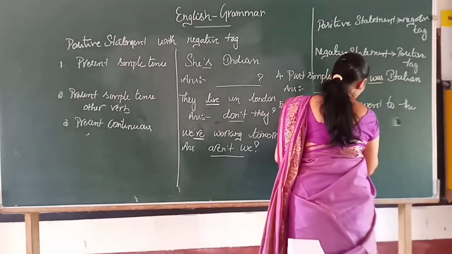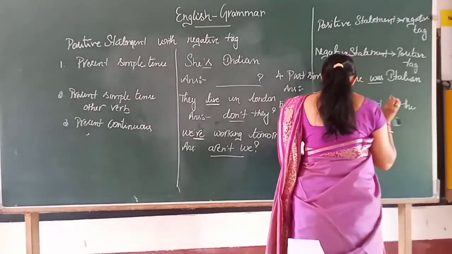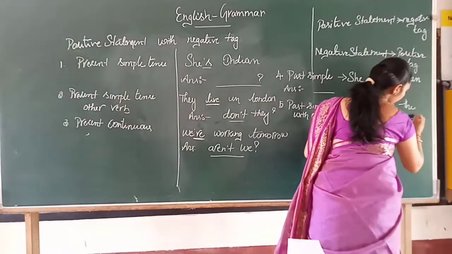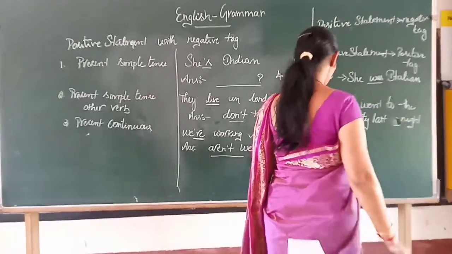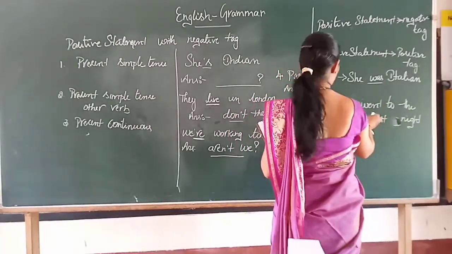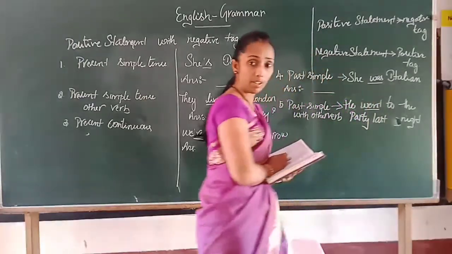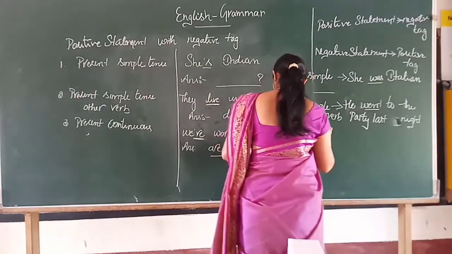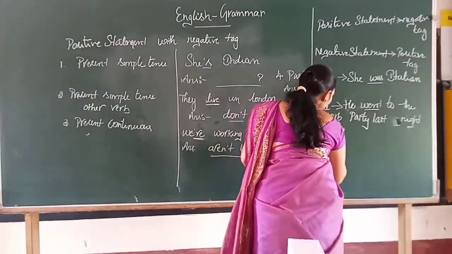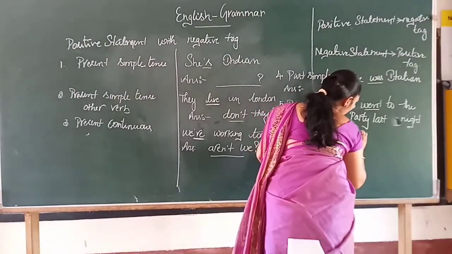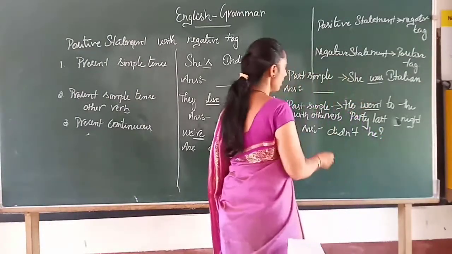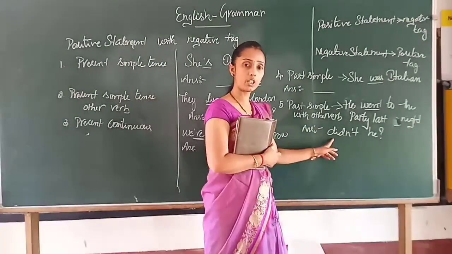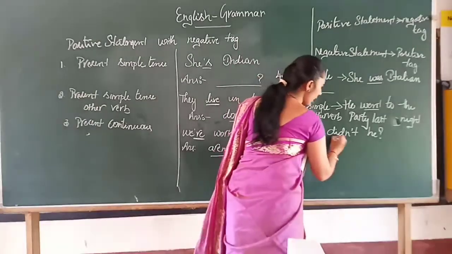He went to the party last night. So here "went" is there, right? Went is a verb. So what could be your tag? Didn't he? Here, so "went," which is a direct verb, for that your question tag should come in a negative form, that is "didn't he."